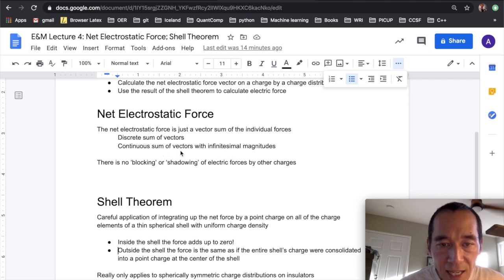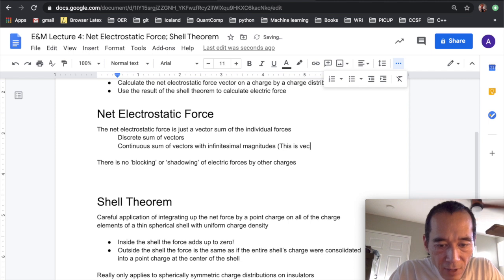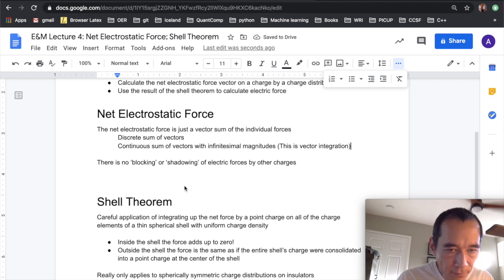So you're going to use an infinite sum of infinitesimal quantities, which are all of them vectors, and then you're going to do that continuous summation. That's called an integral. This is vector integration. You're going to integrate vectors.